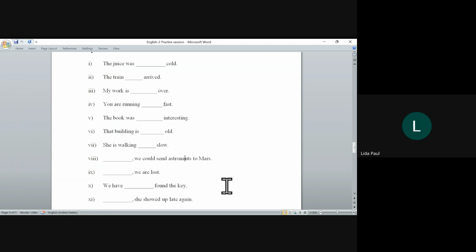Okay. The train dash arrived. Just. Yeah, the train just arrived, right? So focus adverb. Okay. Third one. My work is dash over.